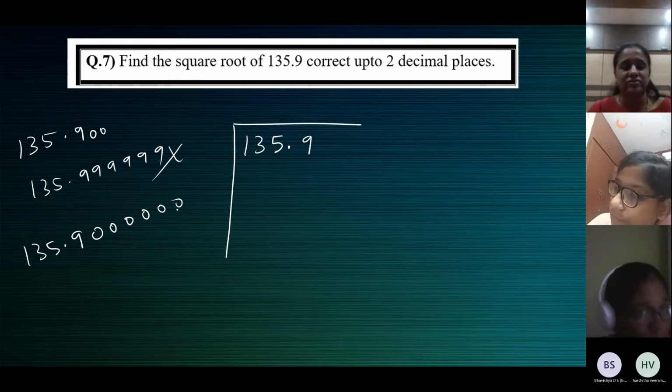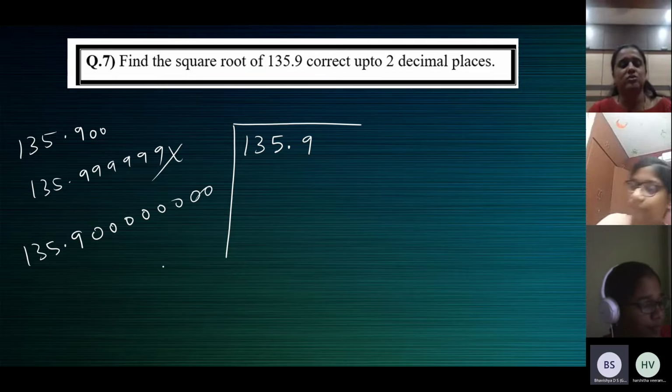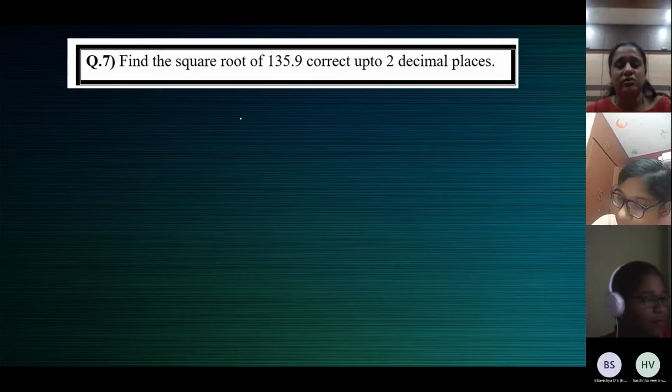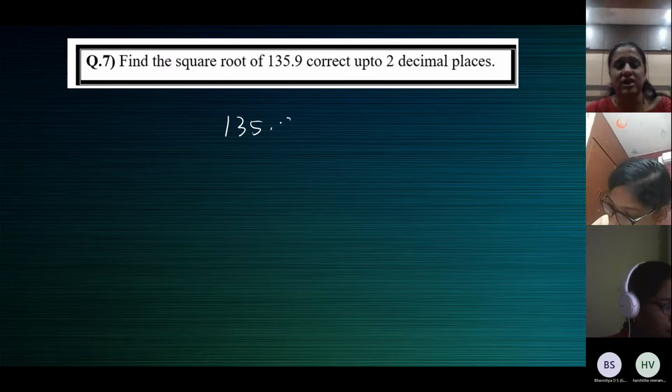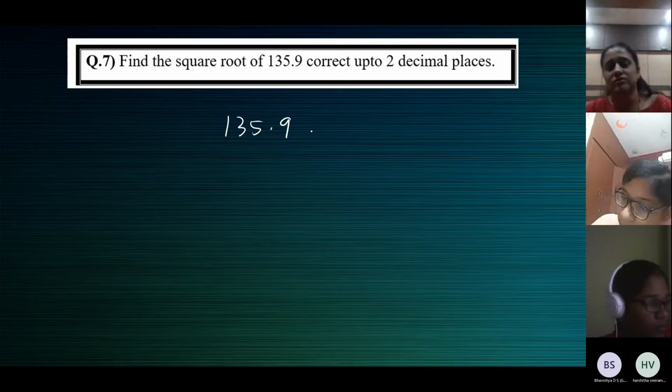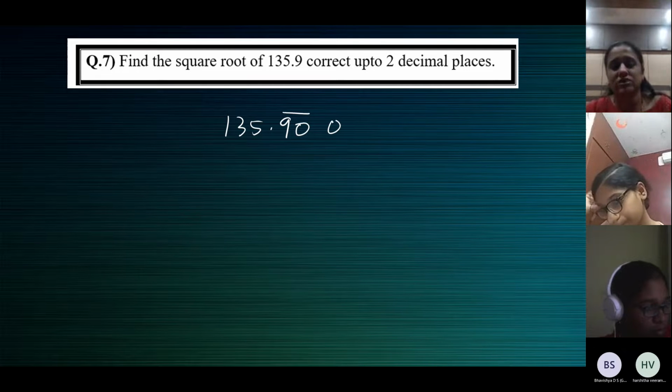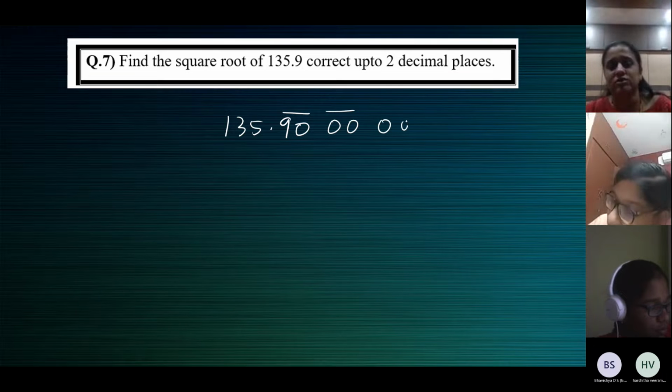You cannot add nines. So 135.9. You need 3 pairs after the decimal point, because up to 2 decimal places. So 3 pairs. So 90 forms 1 pair, 00 second pair, 00 third pair.